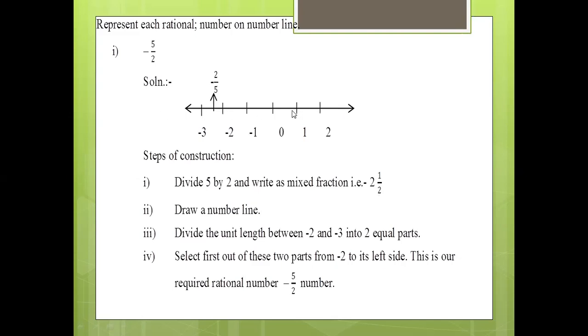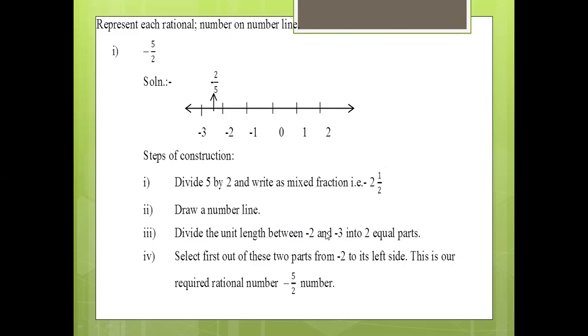Write 0 in the middle, positive numbers on the right side and negative numbers on the left side. Third step: from this we know where we plot this number. Minus 2 whole 1 over 2 means after minus 2, between minus 2 and minus 3.